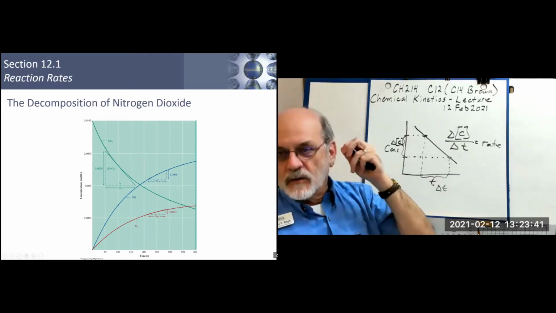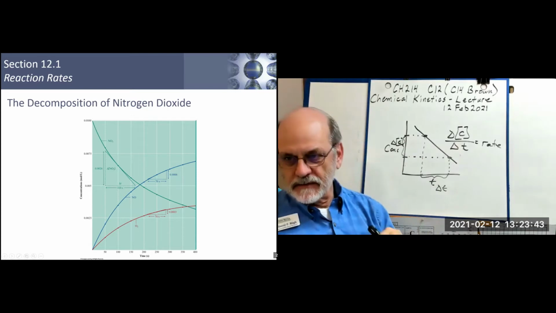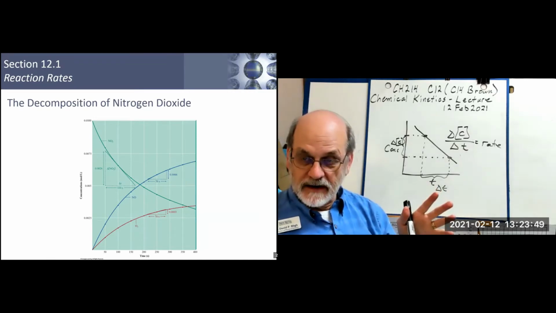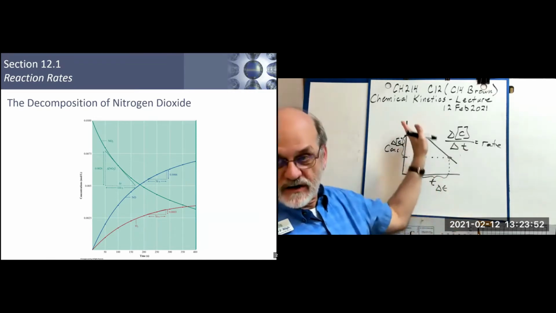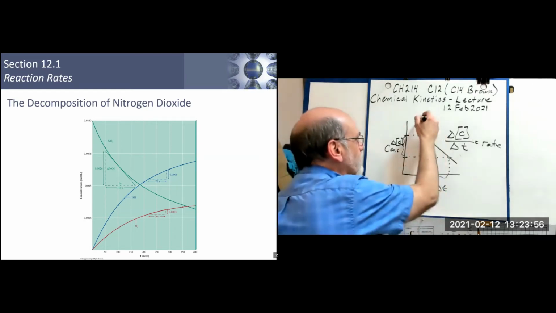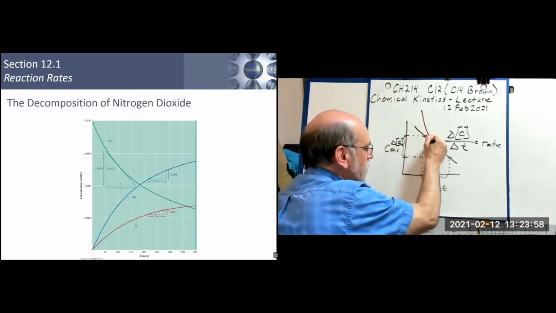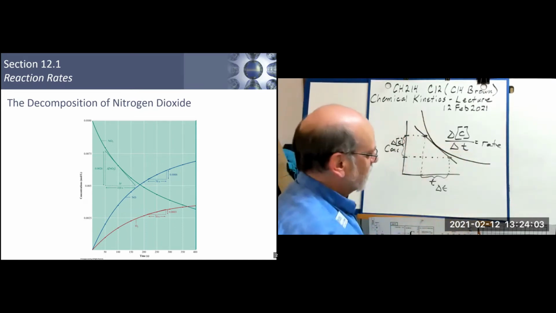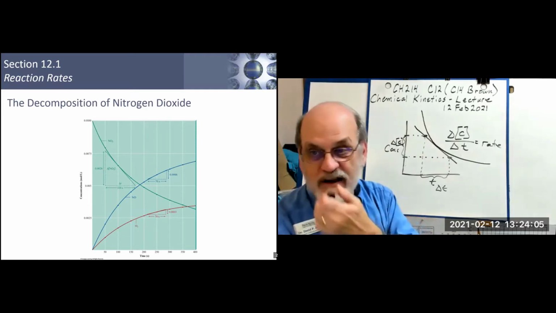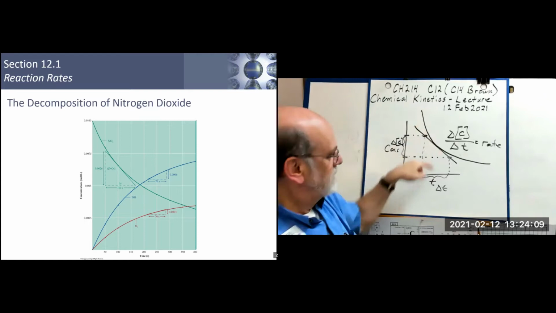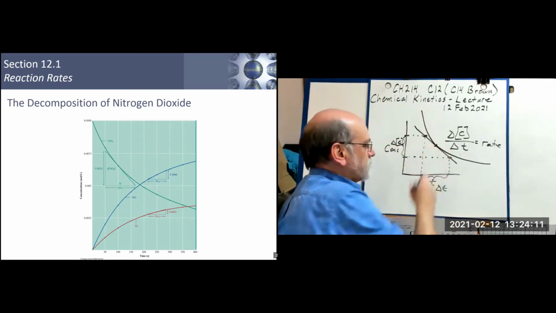Okay, we need to introduce the concept of instantaneous velocity. Instantaneous velocity is an extension of this concept, only now, if you have a curve like that, the instantaneous velocity is, well, what would be the slope of the tangent at that point?